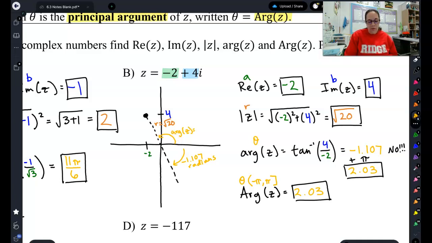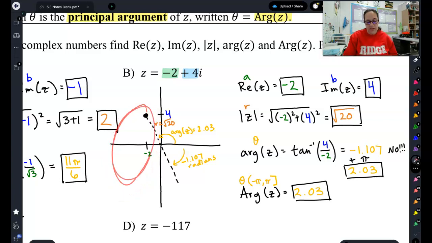So you have to be really, really careful on your argument anytime you use a calculator and you're graphing in the second and fourth quadrants. Because your calculator will give you over here totally fine. It will not give you over here. So anytime you type arctan into your calculator, you need to make sure you graph that point.